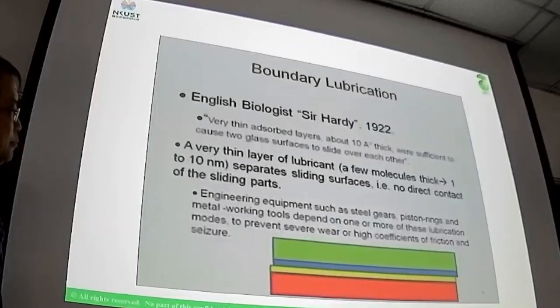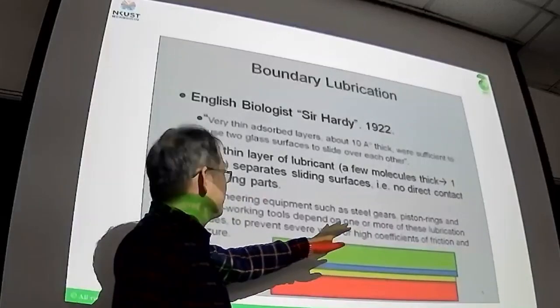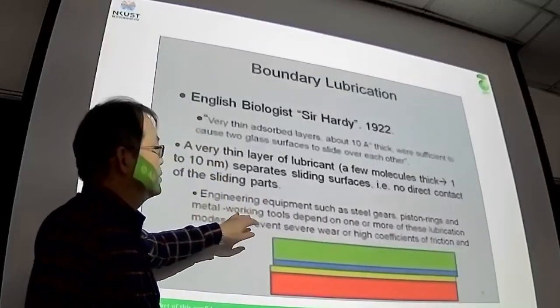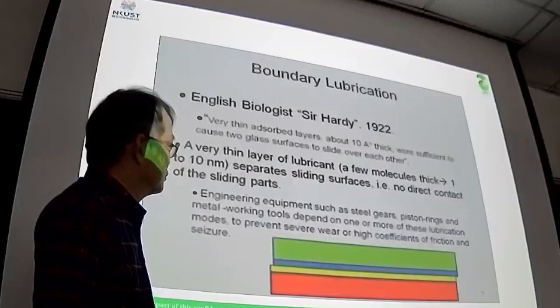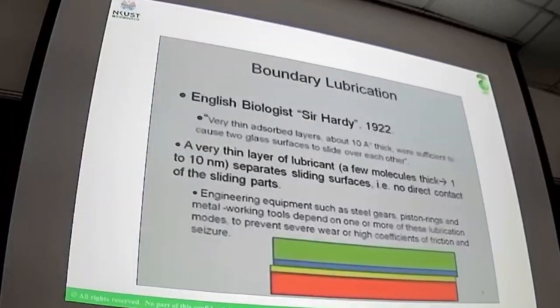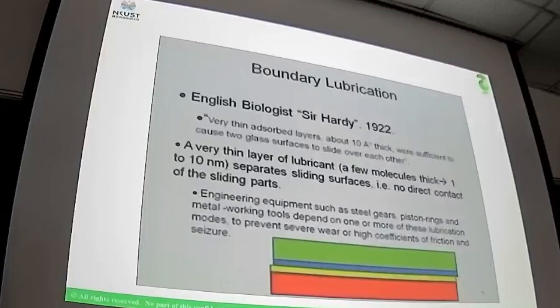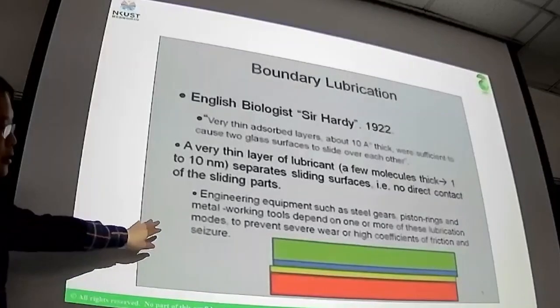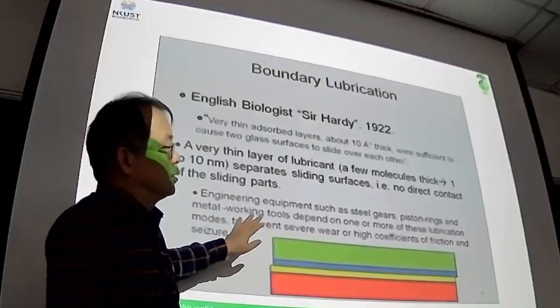Examples in engineering equipment are the steel gear, piston ring, and metalworking tools. They depend on one or more of these lubrication modes to prevent severe wear, high coefficient of friction and seizure. Which means that you just add some lubricant, even a very small film thickness, and it can prevent the high coefficient of friction or even severe wear or seizure.